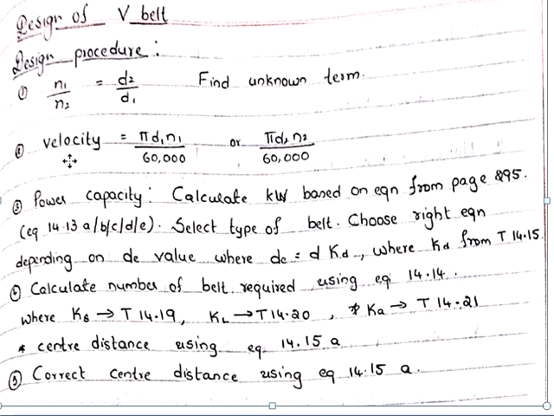This equation is given exactly below equation number 14.13e on page number 295. dE is equal to d into kd, where kd you can get from table number 14.15. Refer to table number 14.15. Based on velocity ratio, you can get the kd value. And small letter d is the diameter of the smaller pulley.